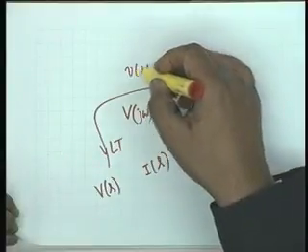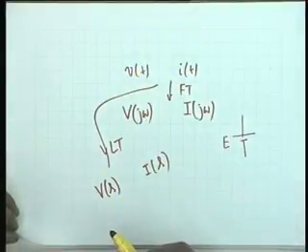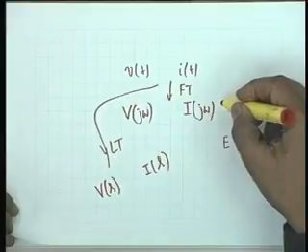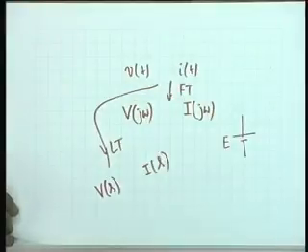This is what we shall use. That is, if small v of t and capital V of s occur in the same discussion, then one is the Laplace transform of the other. And you know that if we take the Fourier transform, then what we are essentially finding is the spectrum, that is, the frequency components of the signal.